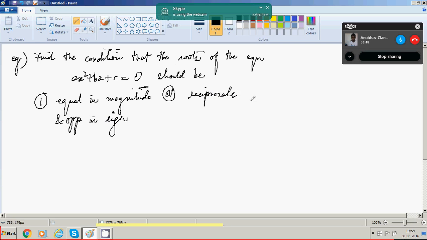We have to find the condition. Condition on what? There will be a condition on a, b, c. Clearly, you will see it now.